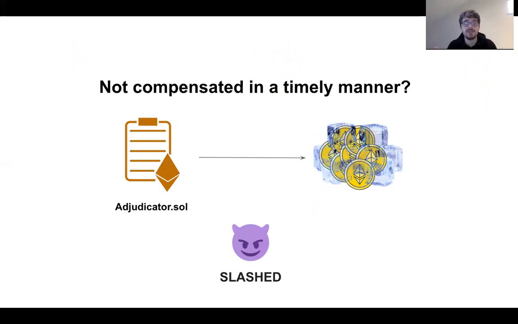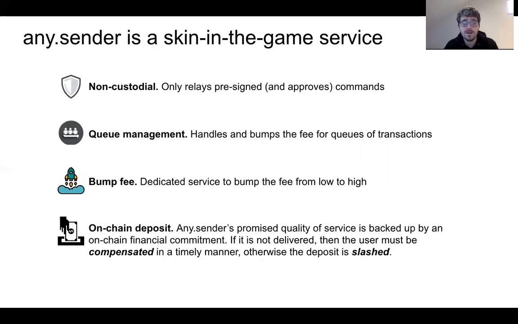And you can imagine the security deposit is like $10,000 or $20,000. So there's a real financial commitment that guarantees that any.sender will never provide a lousy service, because otherwise we're out of pocket because we have to compensate the user or we get slashed. And that's exactly why it's the first financially accountable API.